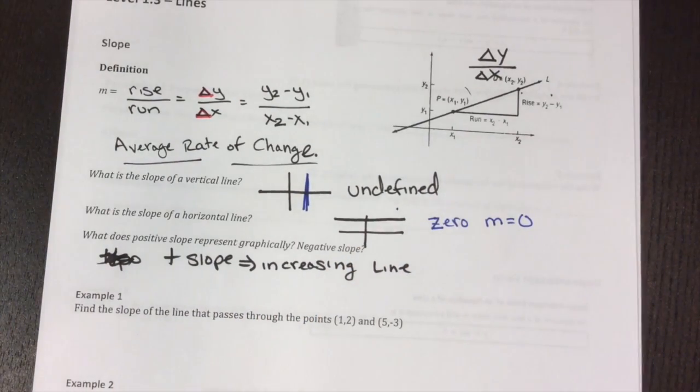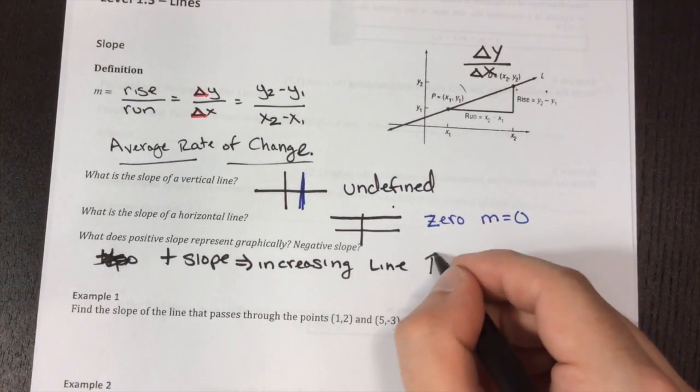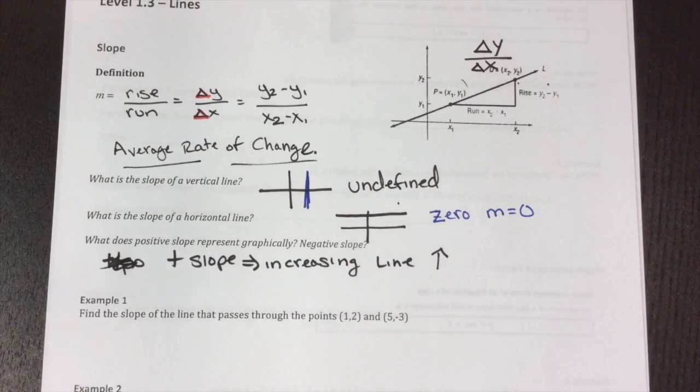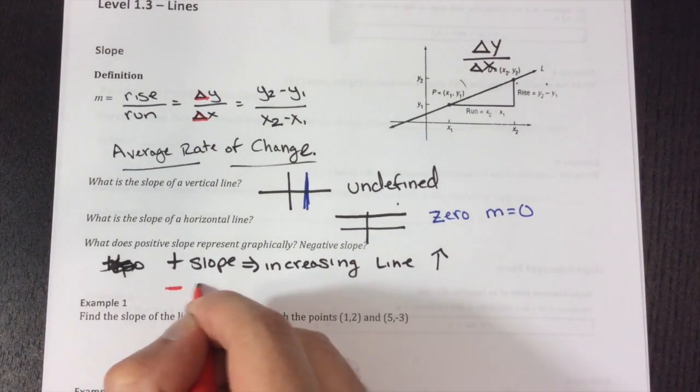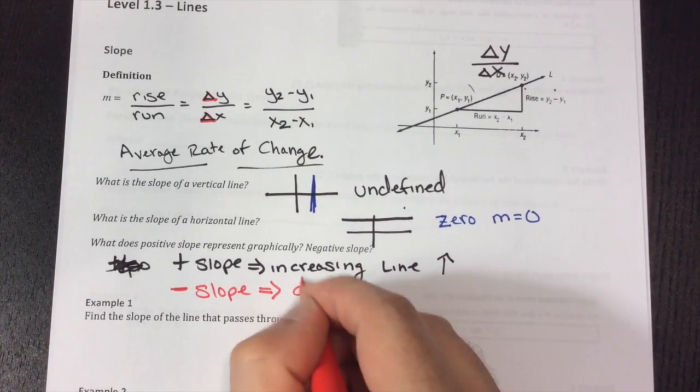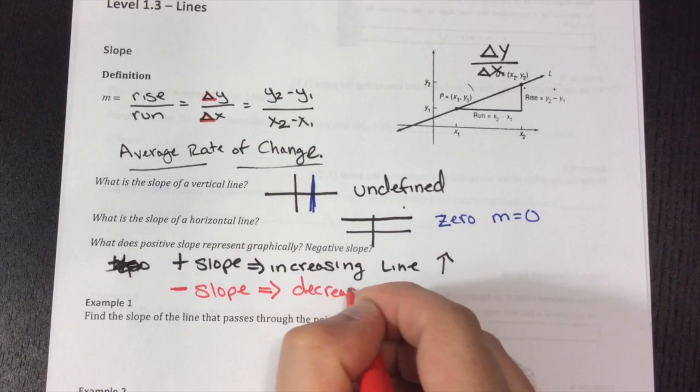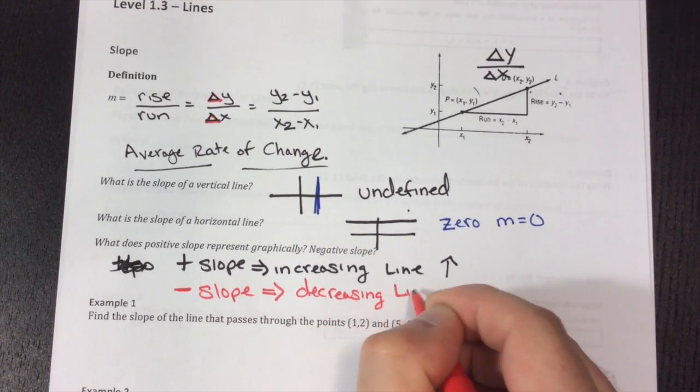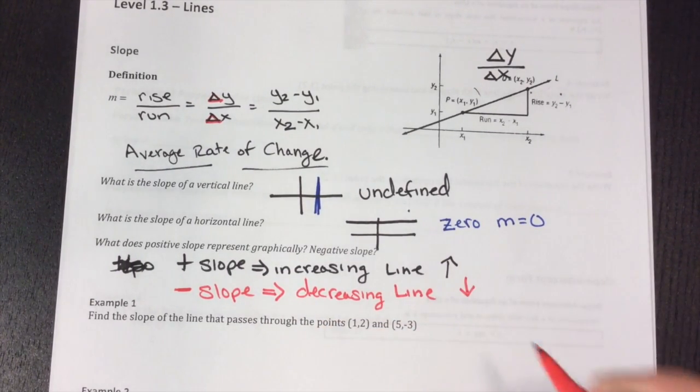And what I mean by increasing is we're going up. If I have negative slope, that means I have a decreasing line, or we're going downhill, we're going down.